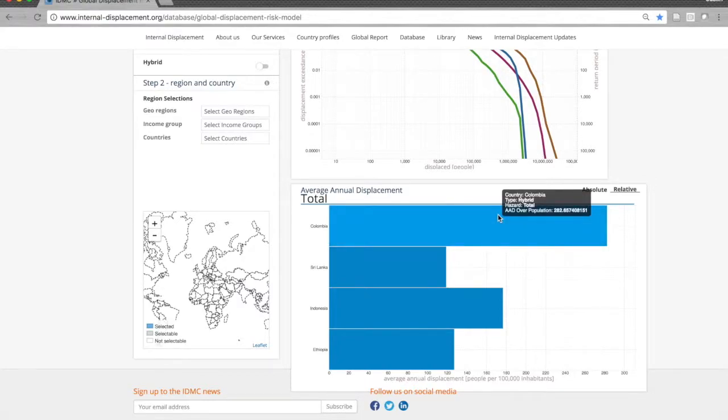Average annual displacement should be considered as an indicator of the potential magnitude of displacement, not as an exact value. When it comes to disaster-related displacement, every year is different.